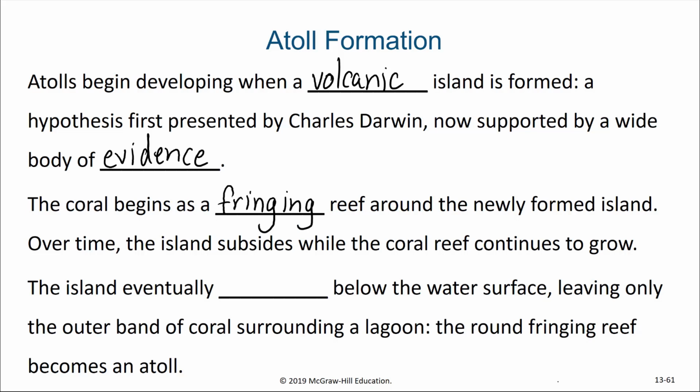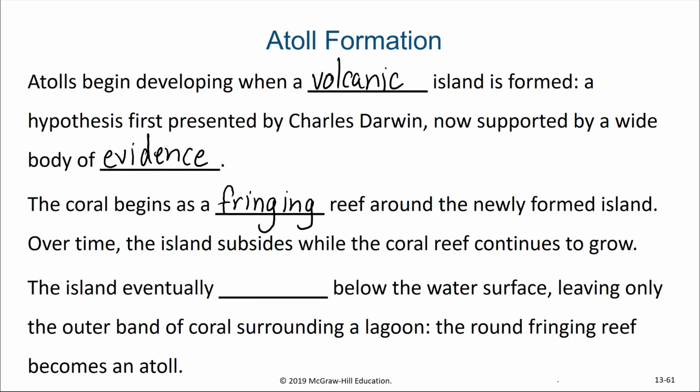An interesting property of volcanic islands is that they are quite heavy, and they actually cause the oceanic plate beneath them to begin to subside locally. So after this volcanic island is formed, it very slowly begins to sink.